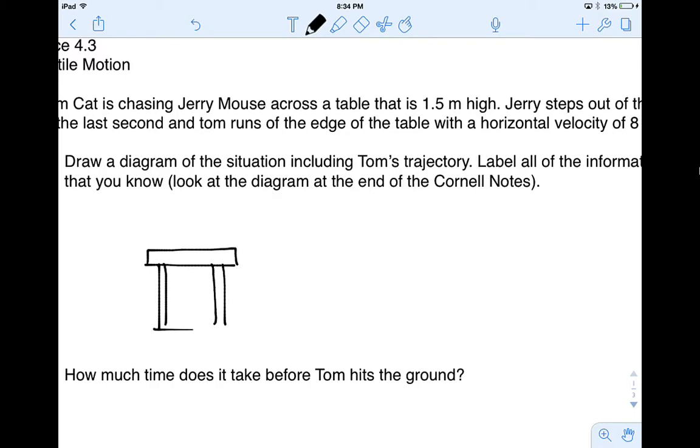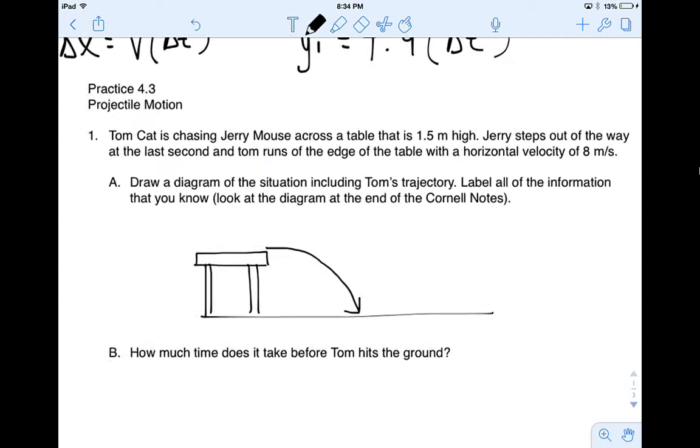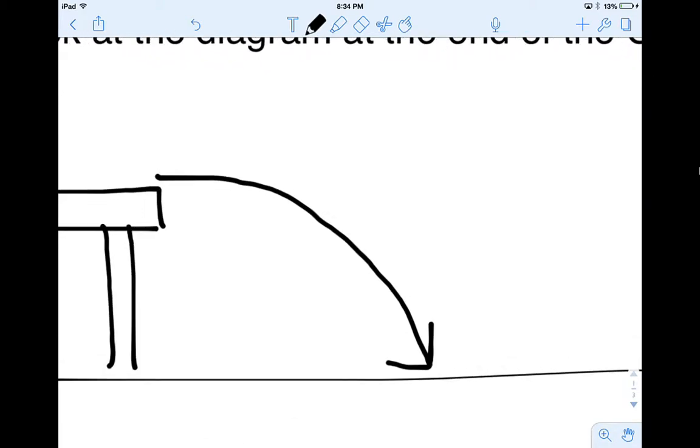So if I had a table, okay, not very fancy, I know that the cat is going to run off the edge and he's going to fall and hit the ground, okay? So now I want to label the stuff that I know. For instance, I know the height of the table, which we're going to call yi, is 1.5.